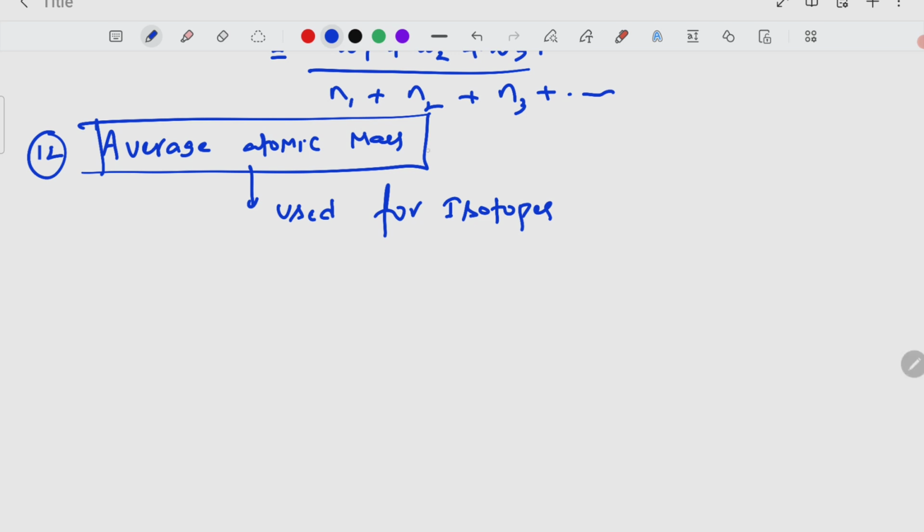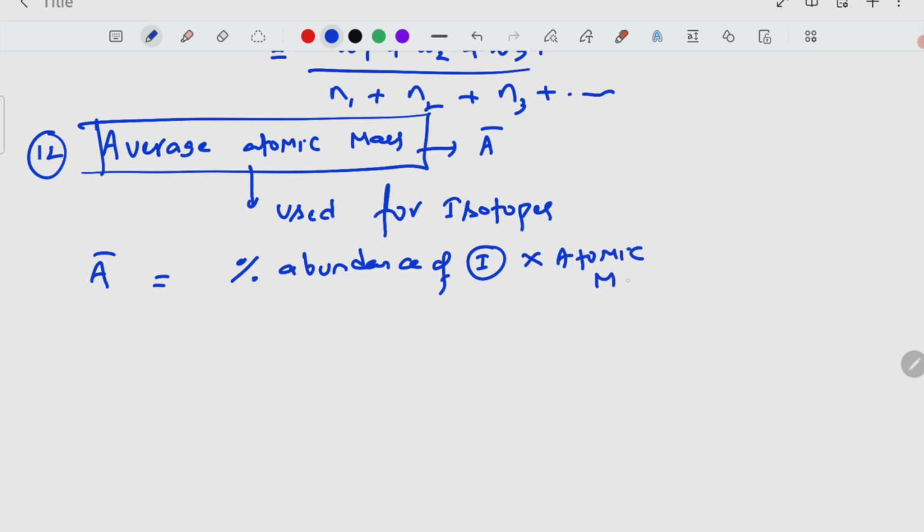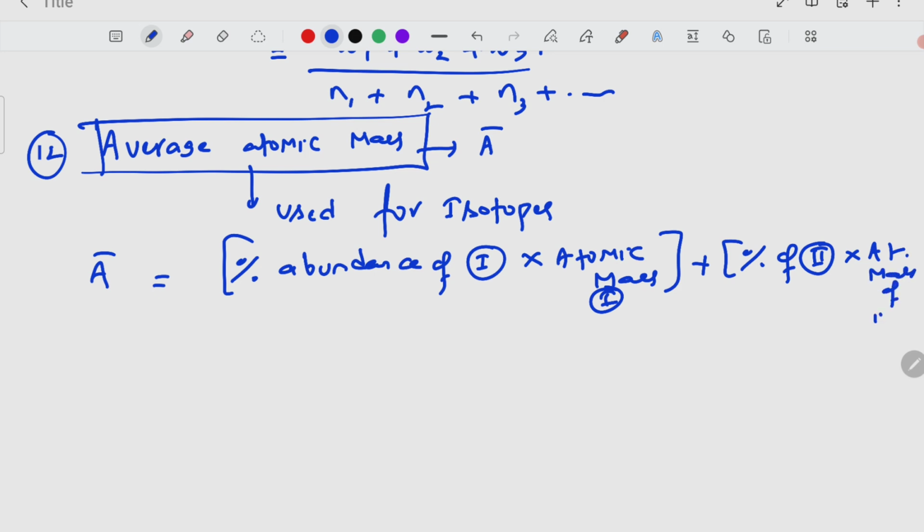How? If I represent average atomic mass as A bar, then A bar is equal to the percentage abundance of isotope 1, assuming 2 isotopes are available for the given element, into its atomic mass, plus the same for isotope 2, percentage abundance into atomic mass of isotope 2, divided by total abundance.